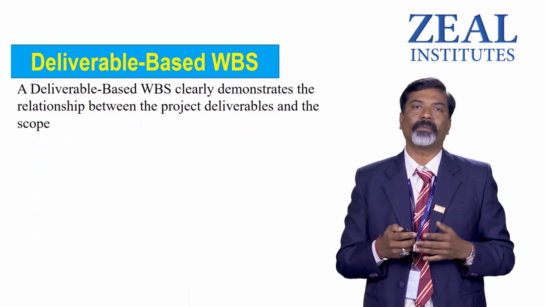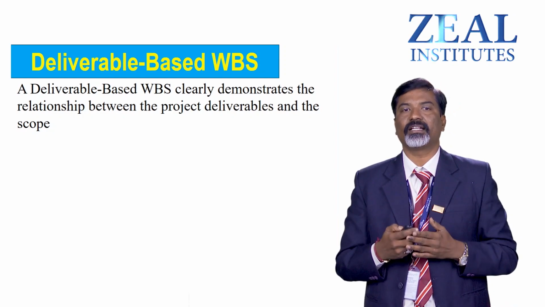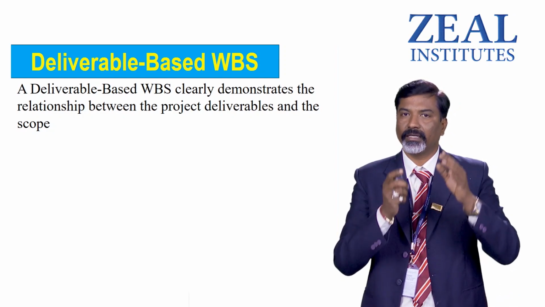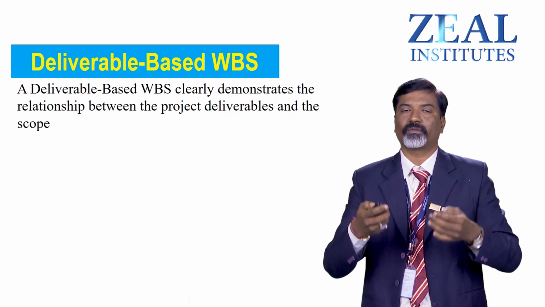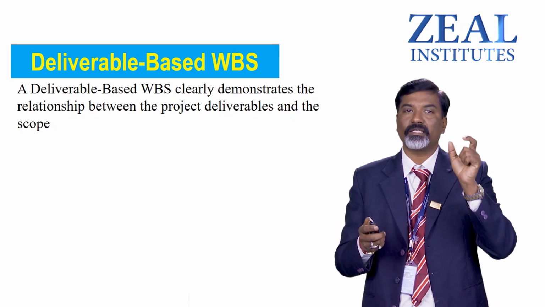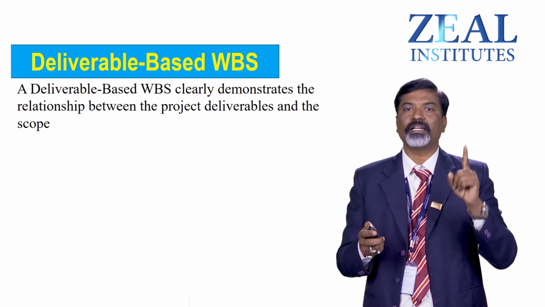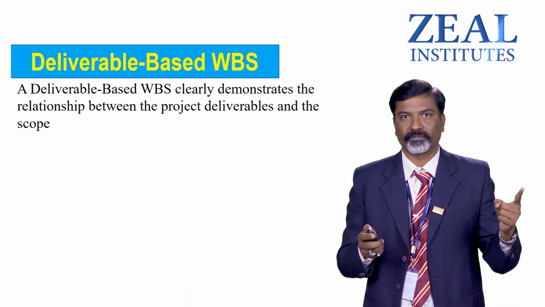First is the deliverable based work breakdown structure. The name itself indicates that a deliverable is a unit, a component, a functionality that we are expecting from the particular project. A deliverable based work breakdown structure clearly demonstrates the relationship between the project deliverables and scope.